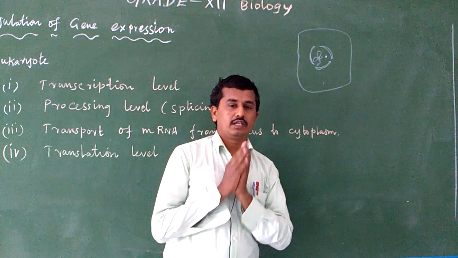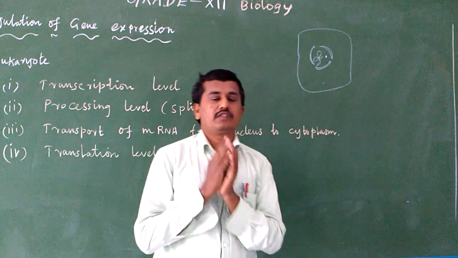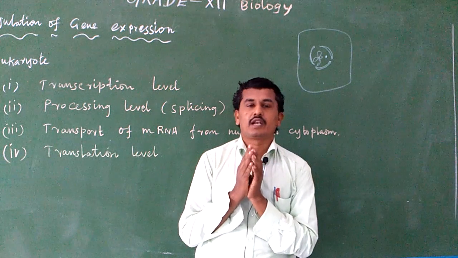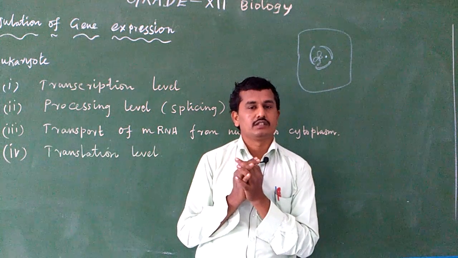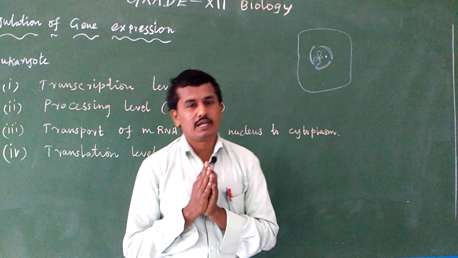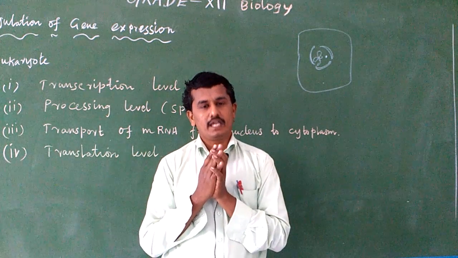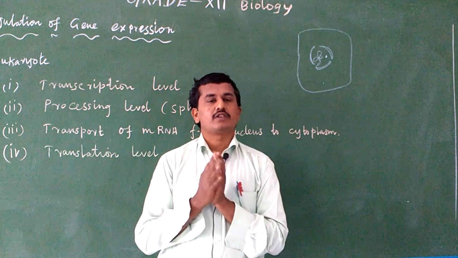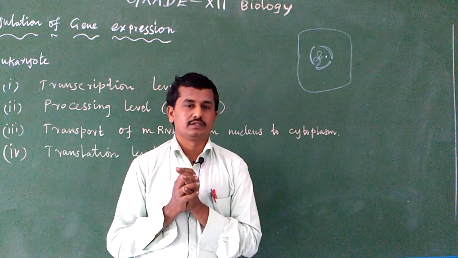I will give a simple example. Normally, we have melanin pigment in our skin. It is produced by the melanocytes. Melanin pigment production is controlled by the cell's genes. The gene is controlling the melanin pigment production.